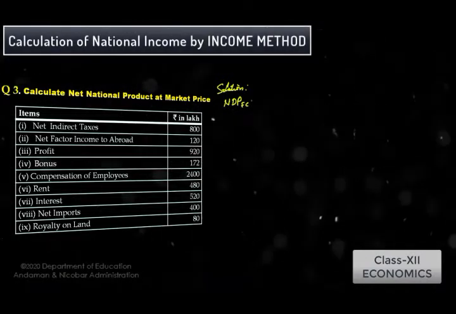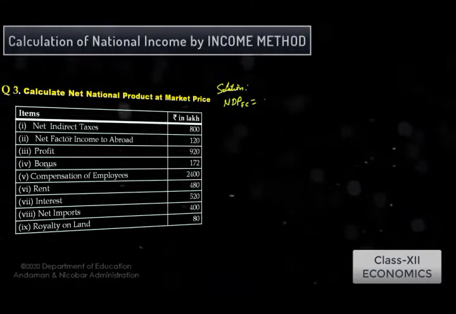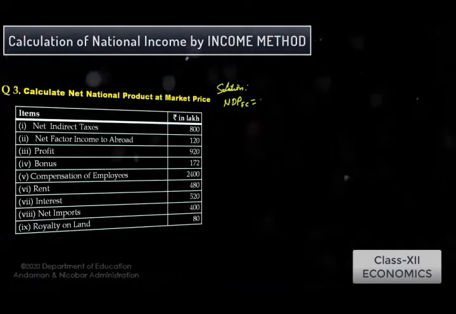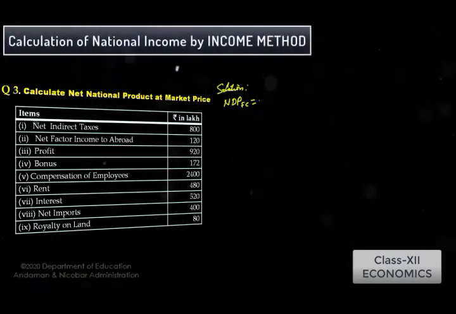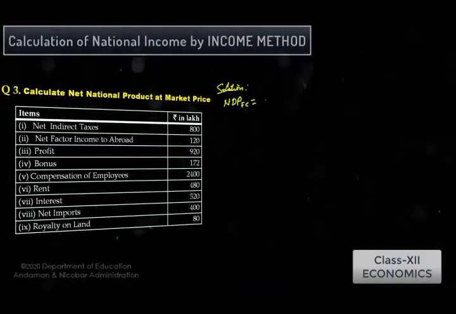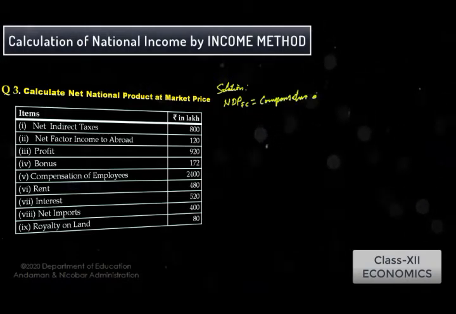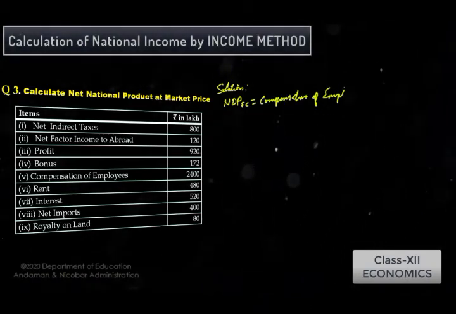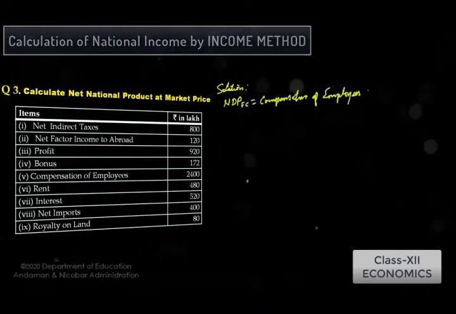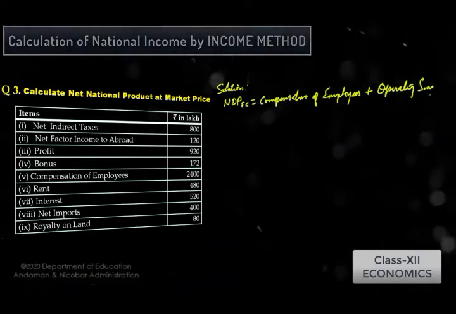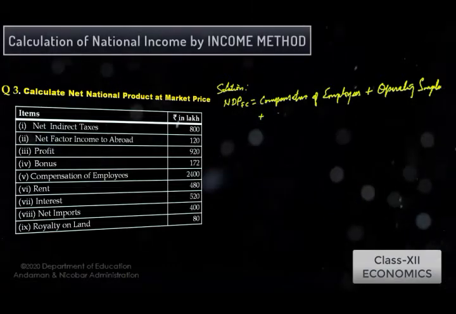So how can the value of NNP at factor cost be found from these following data? Here we need to first of all add the value of compensation of employees. With this we will add the value of operating surplus, and along with this we will add the value of mixed income.